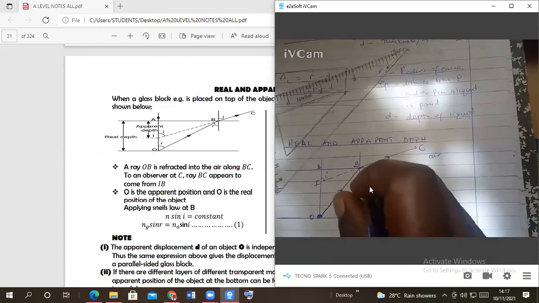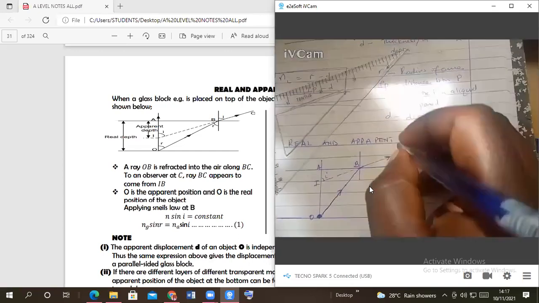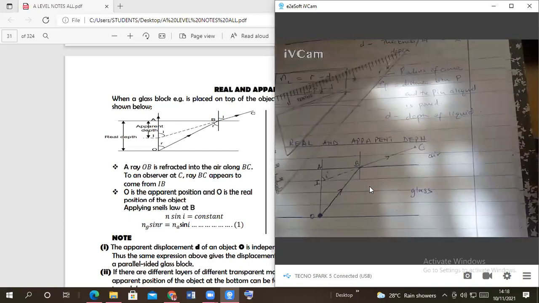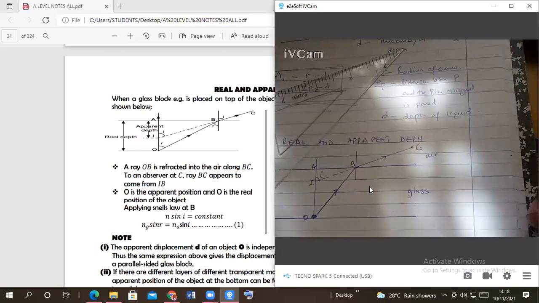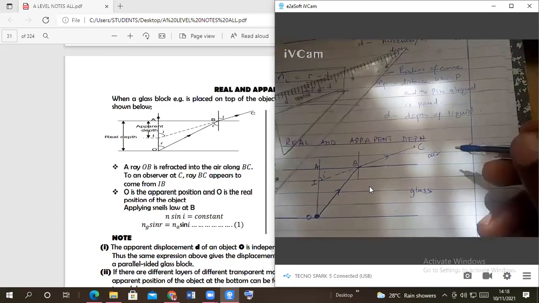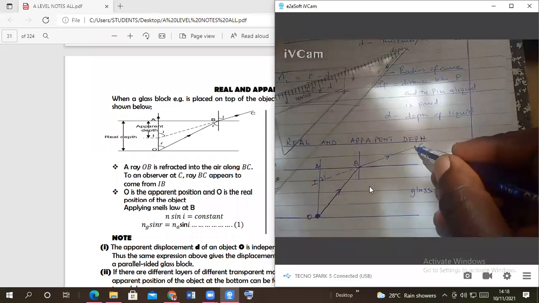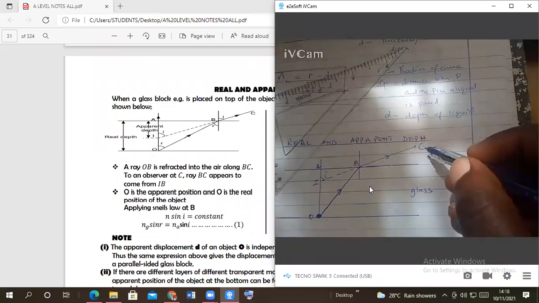By the reversibility of light, if this ray is to start from point C then to point O, it's going to take the same path.